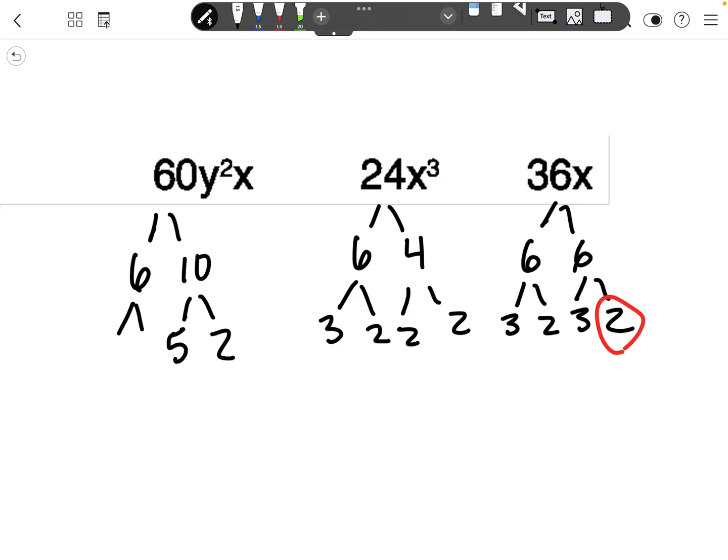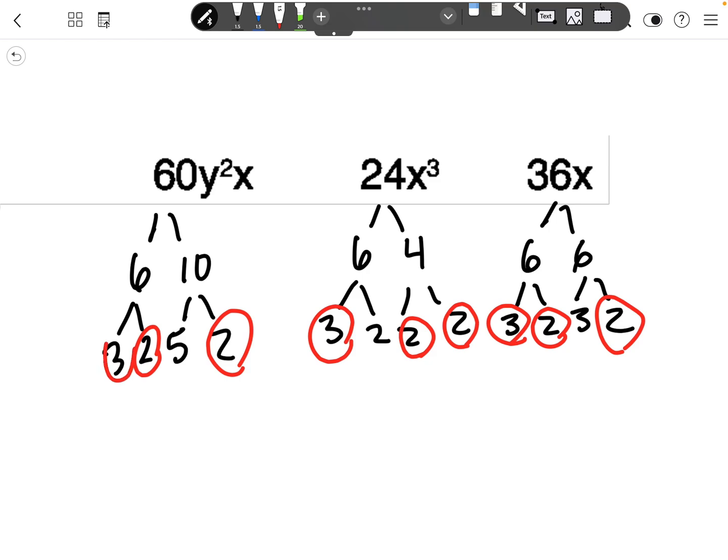Go all the way on this one. 2 in all of them. Another 2 in all of them. I have a 3 in all of them. And that's it. So I have 3 times 2 is 6, times 2 is 12, so 12 goes into all these numbers.